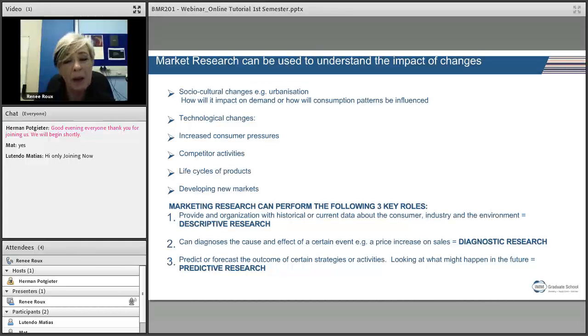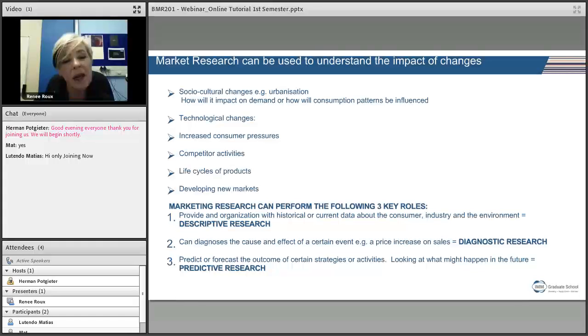But as more people move into the cities, there are lots of changes: in terms of demand, in terms of consumption patterns, in terms of sales, etc. So market research can help you to understand that dynamic.